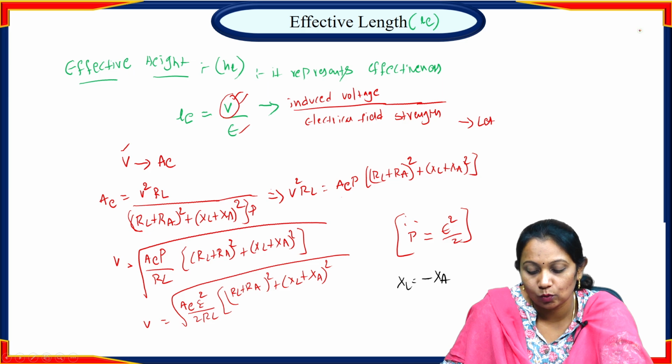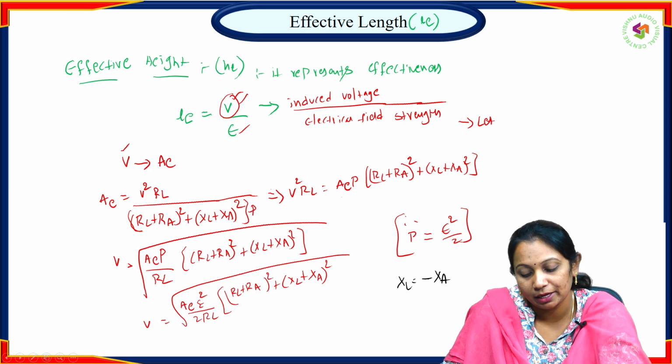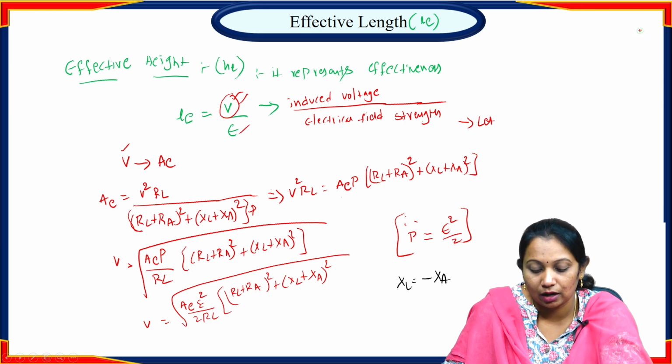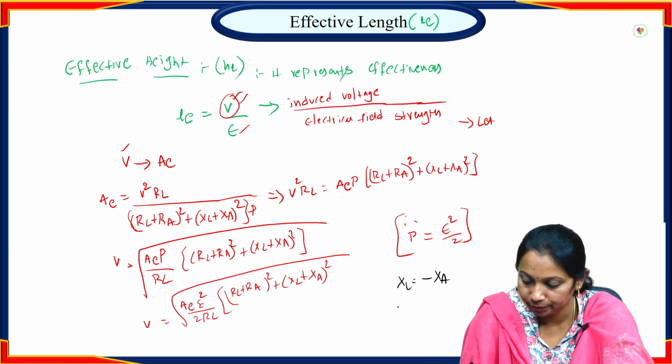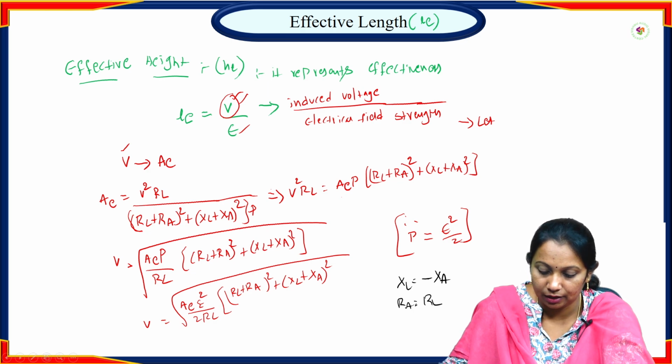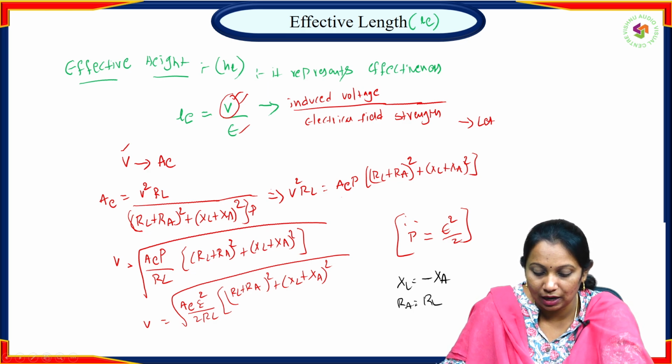Here the condition is RA will be equal to RR. I can replace this with either RR or RL. Since RL is in the denominator, I will write it in terms of RL itself, so RA is equal to RL. Now it is 2RL square.